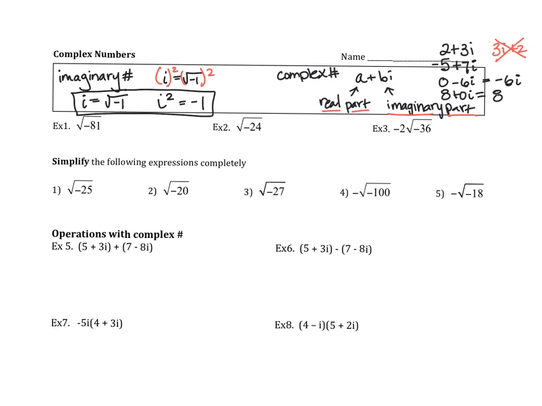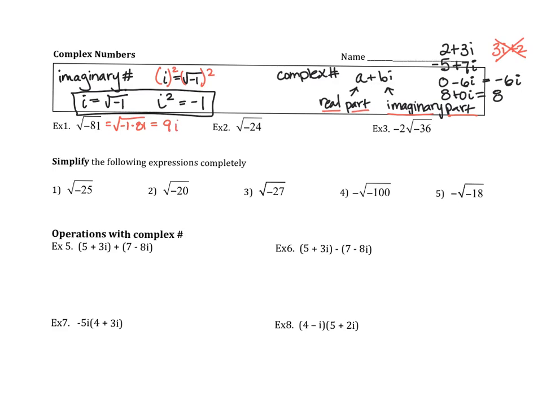Knowing about imaginary numbers now allows me, when I solve square roots, to solve the square root of negative numbers. So for example, I can think in my head of -81 being -1 times 81. The square root of -1 we've just learned is i, and the square root of 81 is 9.